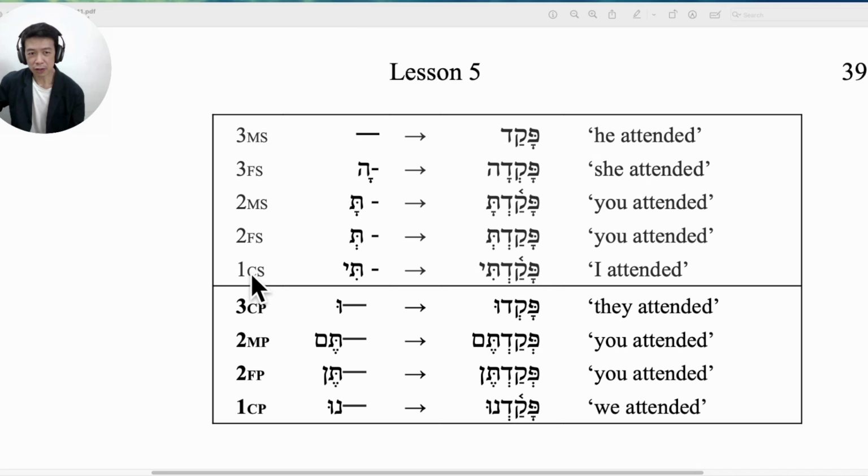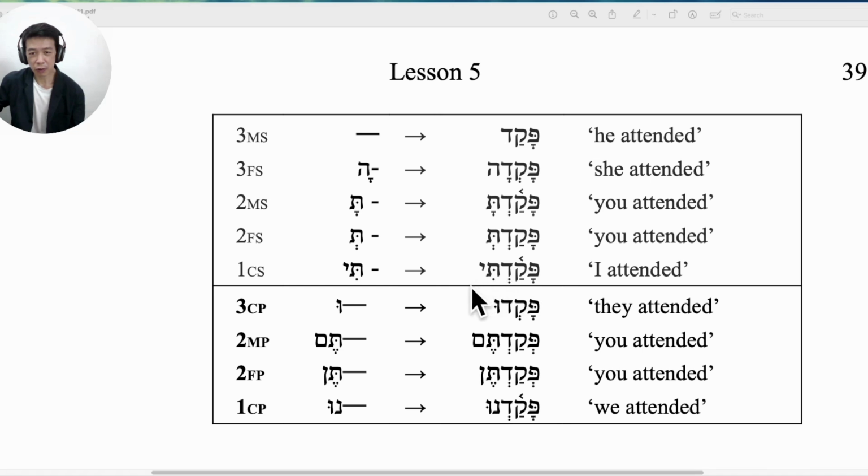For the first person common singular, a ti, meaning a tav with a yod, is added to the end of the word. So for I attended, it becomes pakadti.